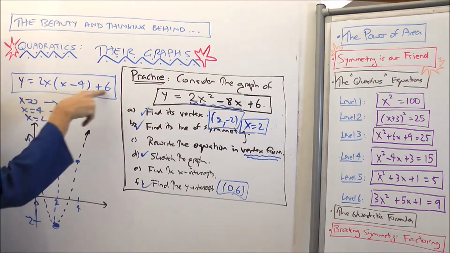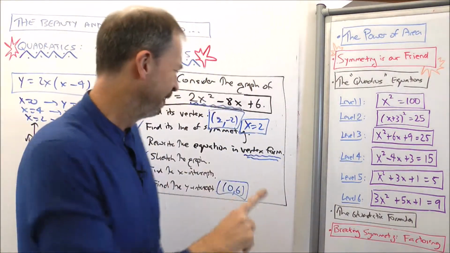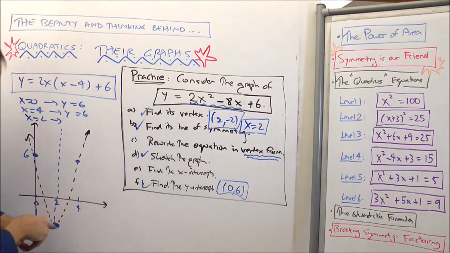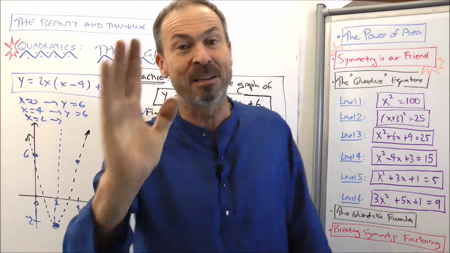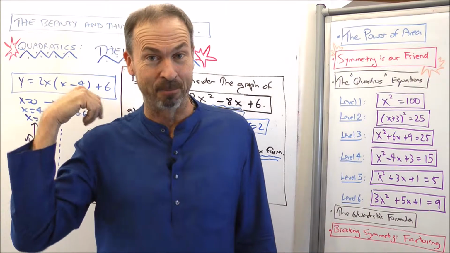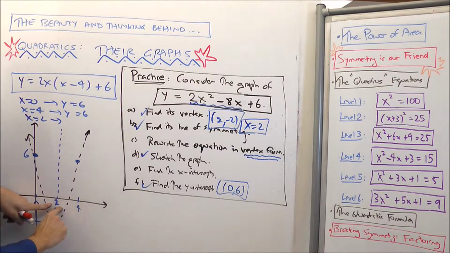Now I rewrote it this way, okay, but maybe that's not vertex form, because vertex form wants something very clear about the vertex. Now I've got to be able to see that x equals 2 and y equals negative 2 is the vertex. Oh, that makes me think of last lecture actually, because this is basically the y equals x squared graph shifted so that 2 is behaving like 0 and it's shifted downwards by 2.